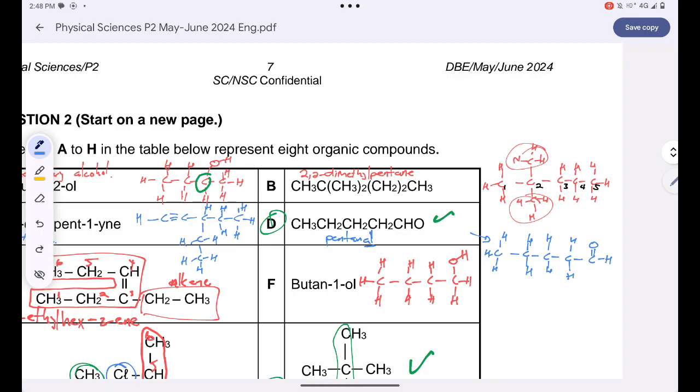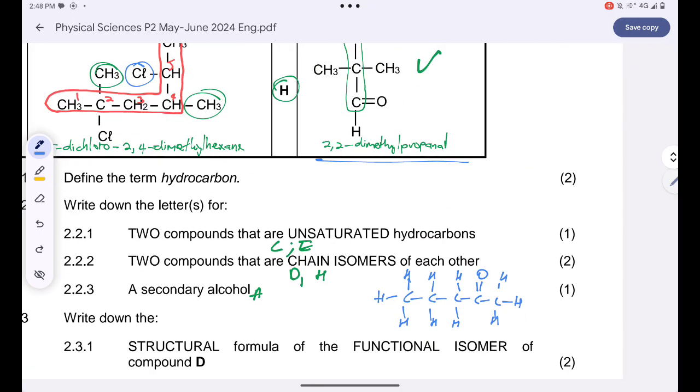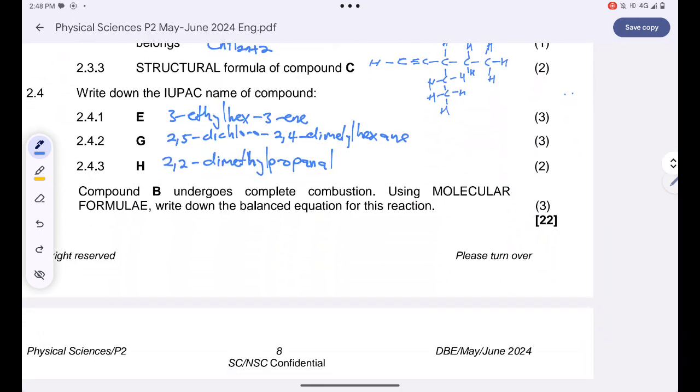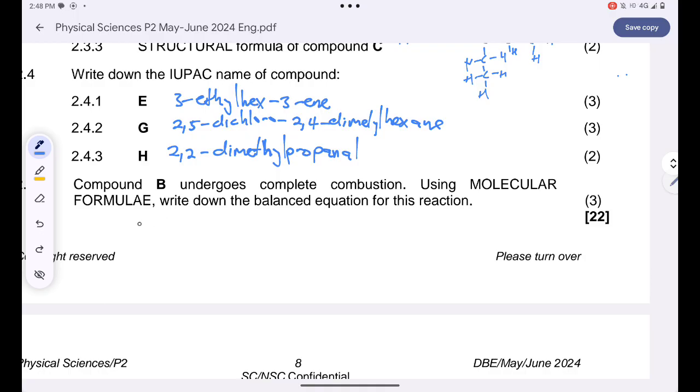It's an alkane that has 7 carbons: 1, 2, 3, 4, 5, 6, 7. If I have 7 carbons, it simply means I will have 16 hydrogens. So I must write down complete combustion of that molecular formula. It has 7 carbons and 16 hydrogens.